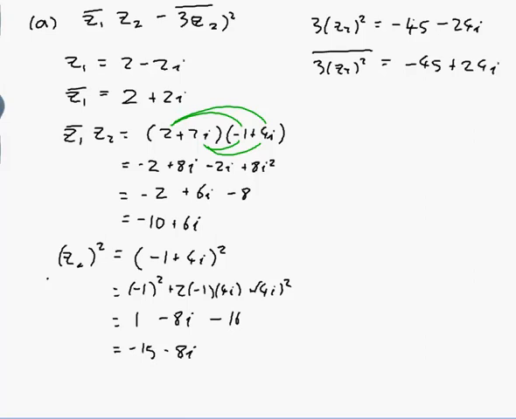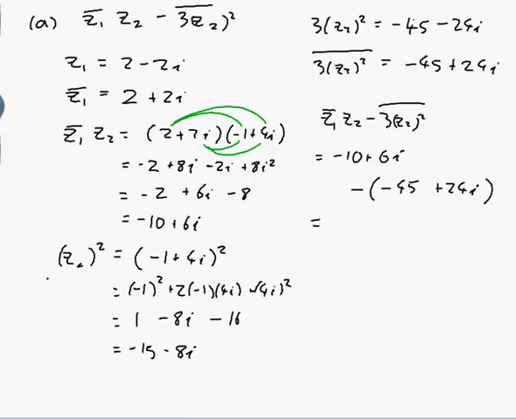So finally, z1 bar z2 minus 3 z2 squared bar is, so z1 bar z2 was minus 10 plus 6i, and 3 z2 squared bar was minus 45 plus 24i.